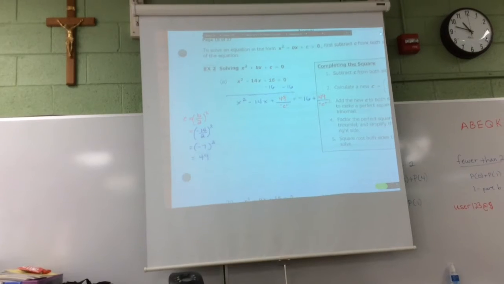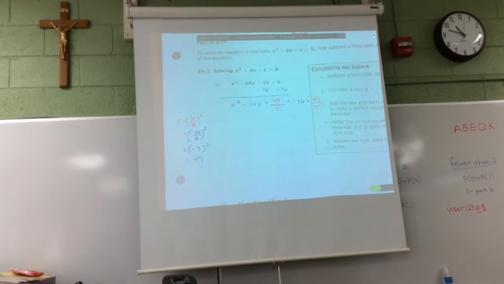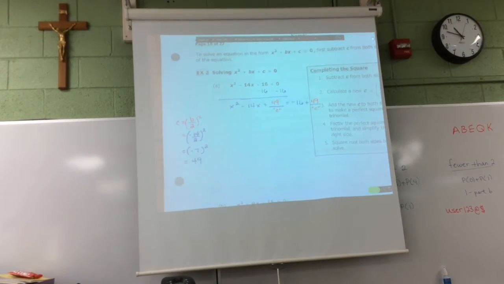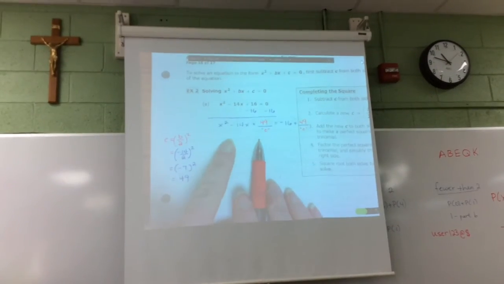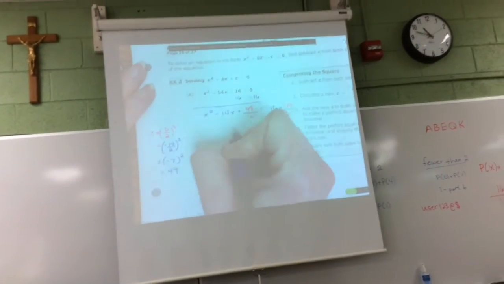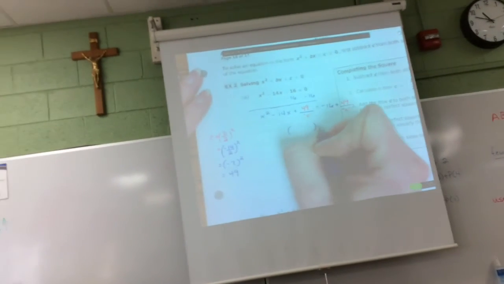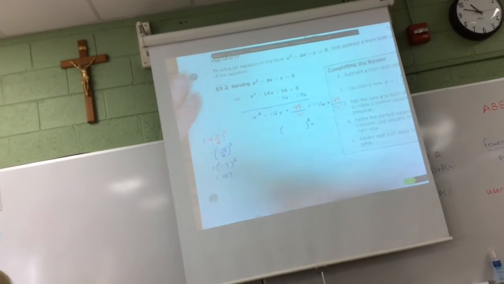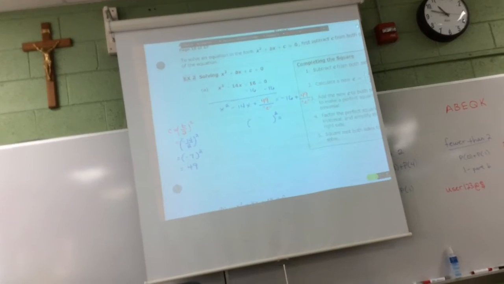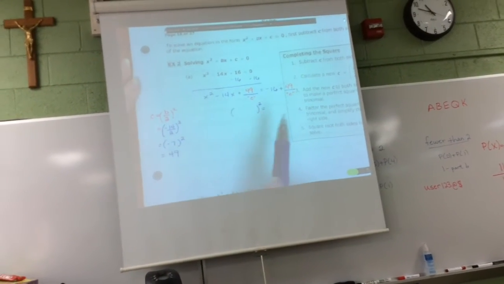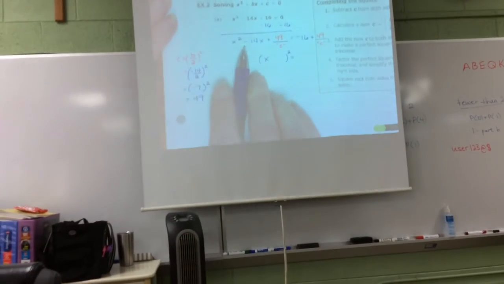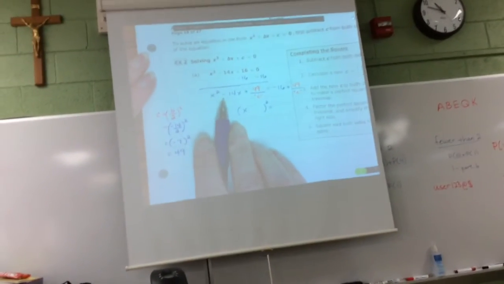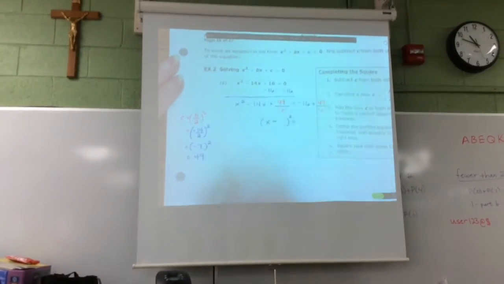Okay? The next thing you're going to do is what I just showed you on the other side of the paper when we were taking notes. You are going to write this like this. And the way that you're going to write it is you're going to put the x here. The sign that's right here in front of B goes right here.